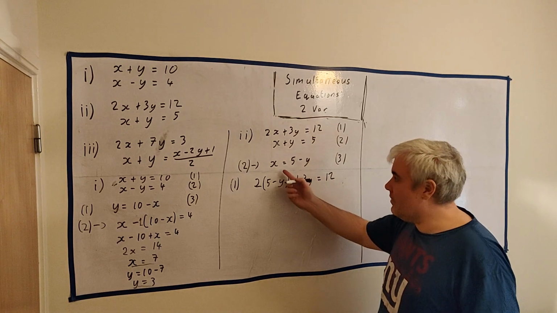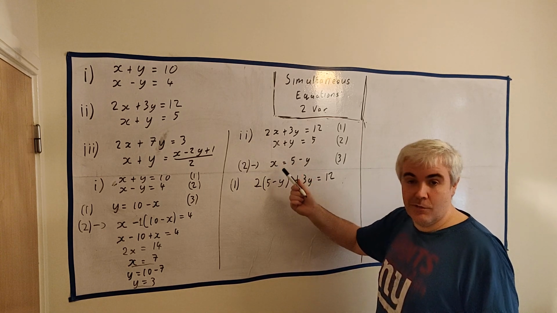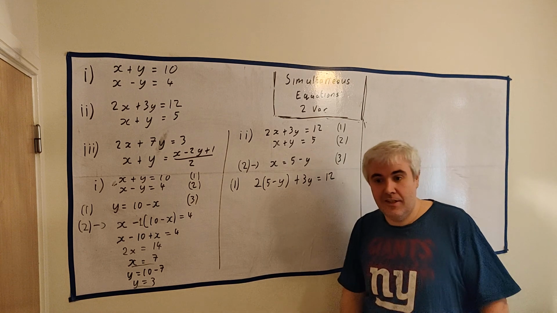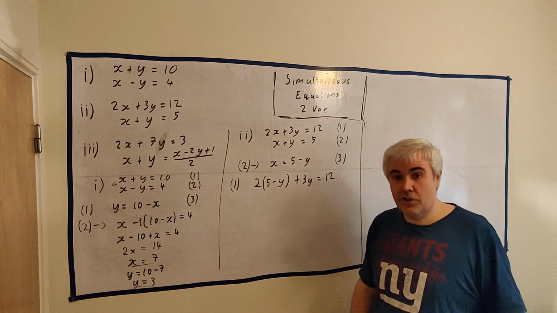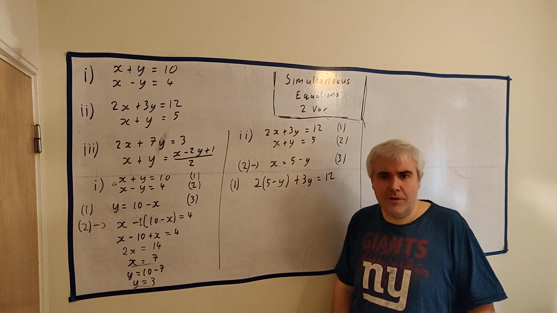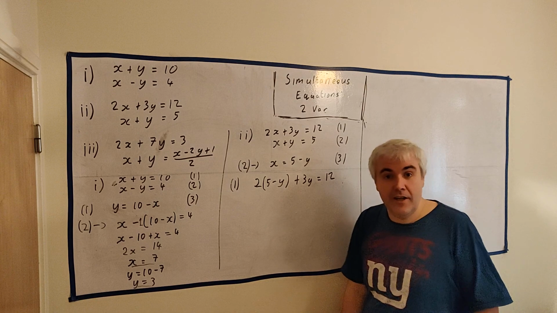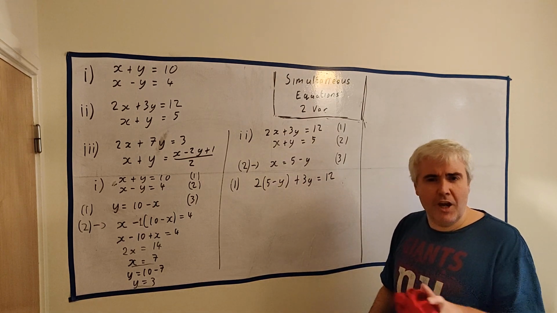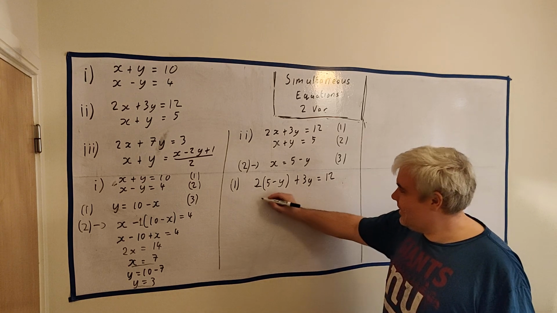Do not use x if something else is better and it's equal. If you know what x is equal to, you can always write that instead of it. If x equals 5, put 5 in. If x equals q, you can put q in if you want. If x equals 5 minus y, you can put in 5 minus y. By the way, I made q up there. There's no q anywhere. Alright, let's clean this up.